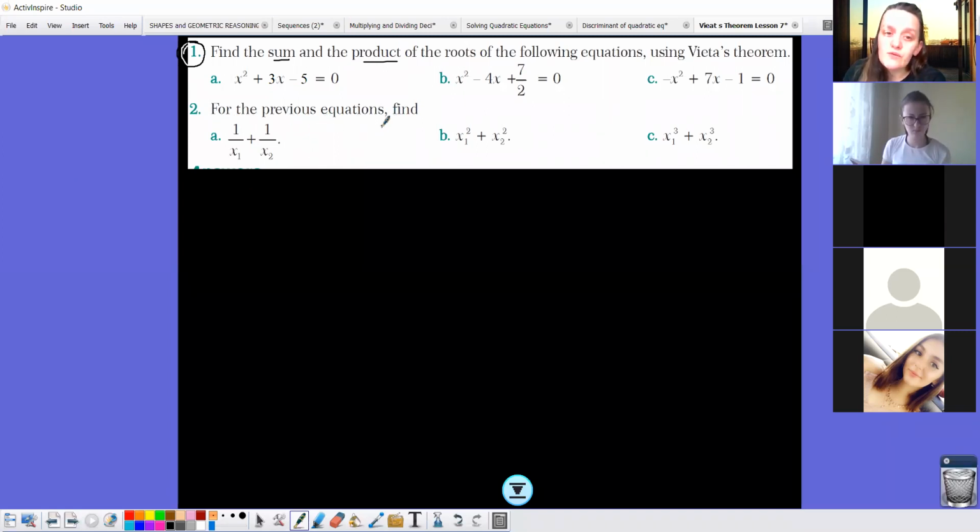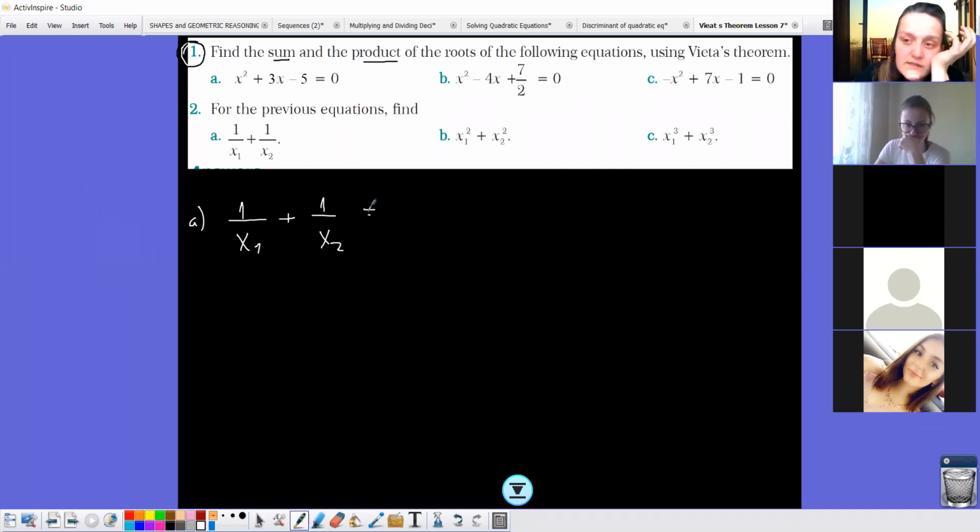For the previous equations, find, for example, I will solve this one. For this equation, I will try to find 1 over x1 plus 1 over x2, and x1 squared plus x2 squared, x1 cubed plus x2 cubed. How will it be? Now, in A, I'm looking for 1 over x1 plus 1 over x2.